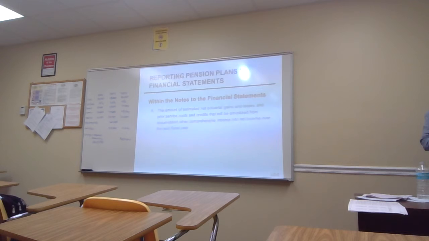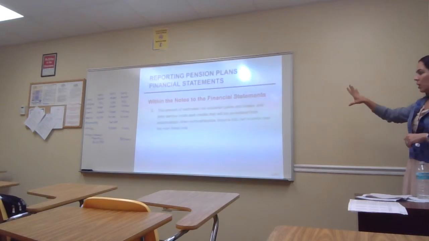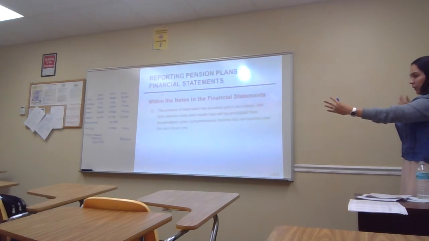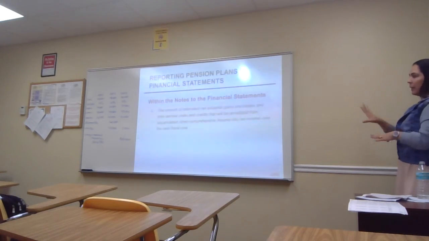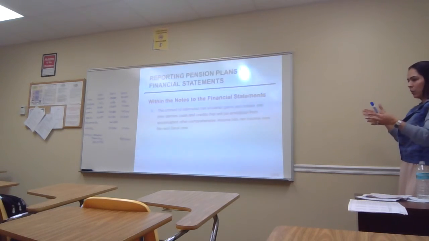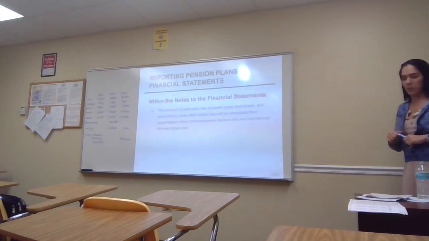And I believe this is finally the amount of estimated net actuarial gains and losses and prior service costs and credits that will be amortized from accumulated other comprehensive income into net income over the next fiscal year. That is the amortization schedule we did for 5 years. That's what it's asking you to do. That 5-year calculation, they want it in the notes so people are aware.